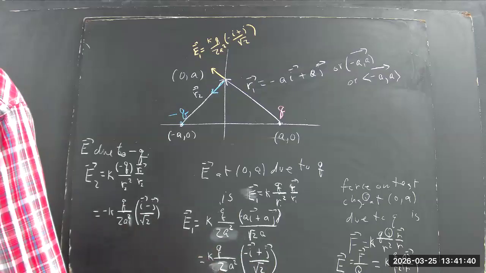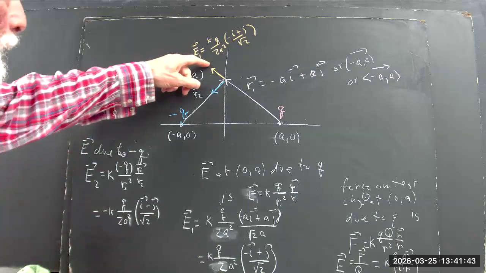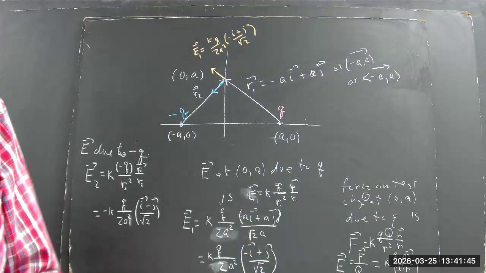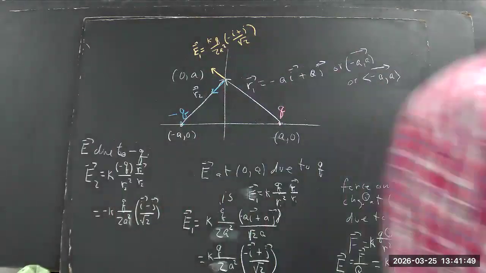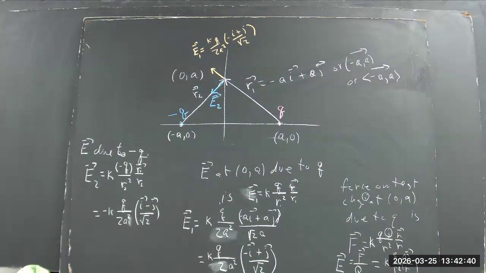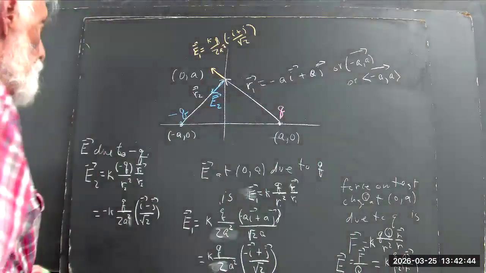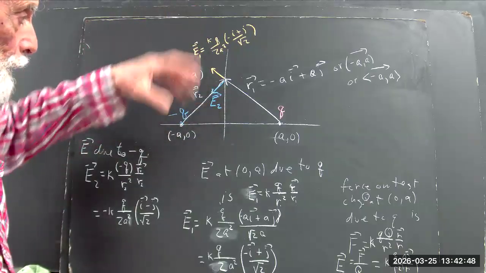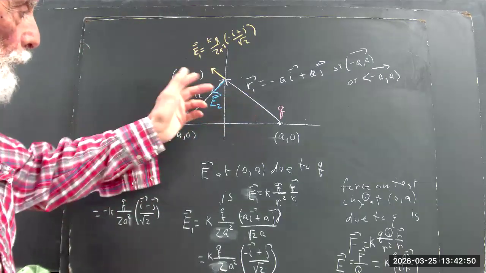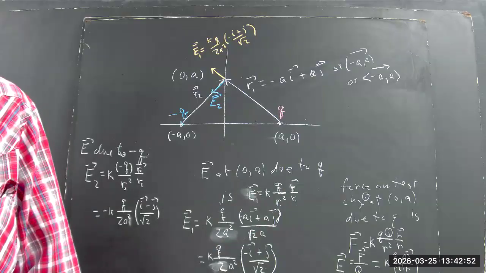Just jot down a picture of how you sum these. You can use a parallelogram method or a head to tail method. I wasn't real specific on the picture that I wanted, but I was talking about up and to the left and all that.